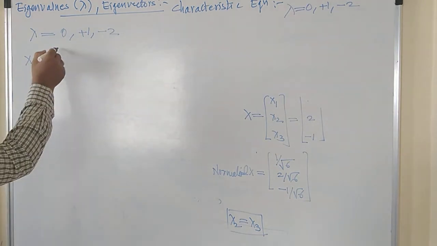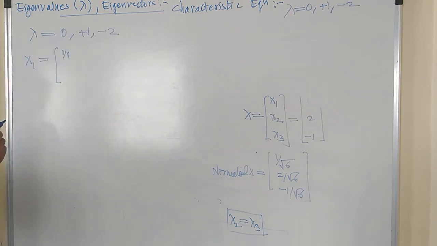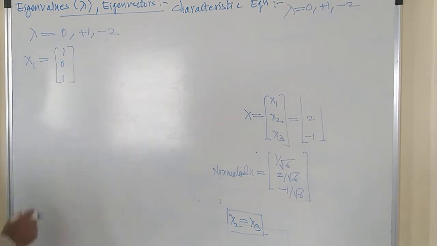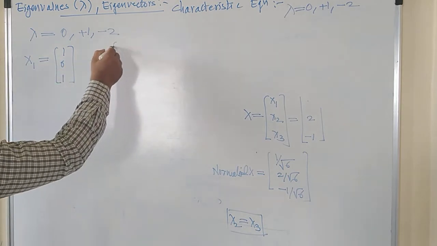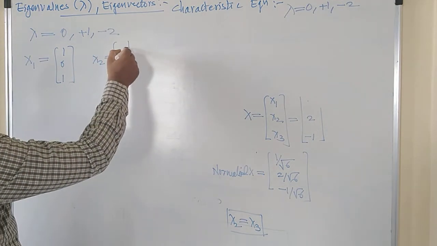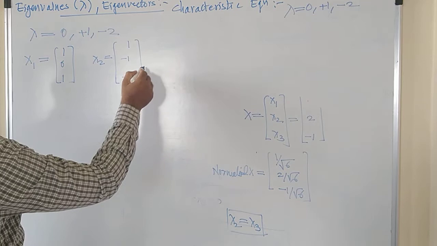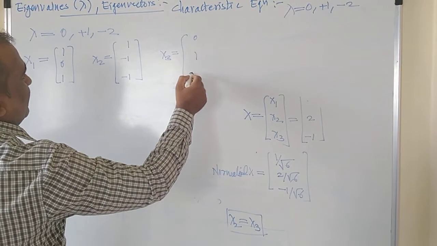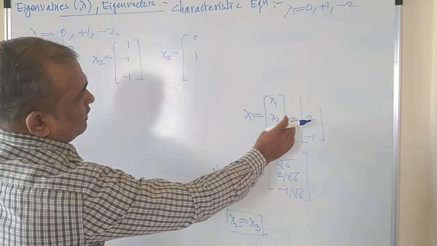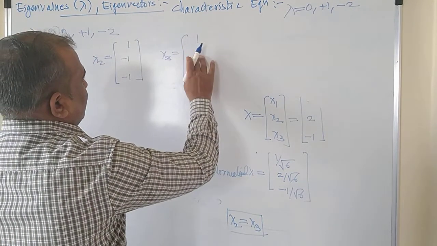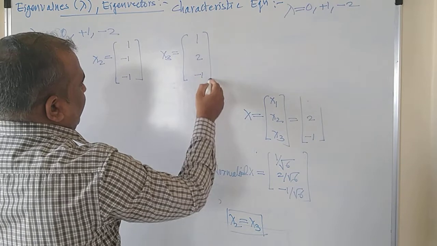So x1 is equal to 1 by root 101. x2 is the eigenvector corresponding to the second eigenvalue, 1, minus 1, minus 1, and x3 is this, 1, 2, minus 1.